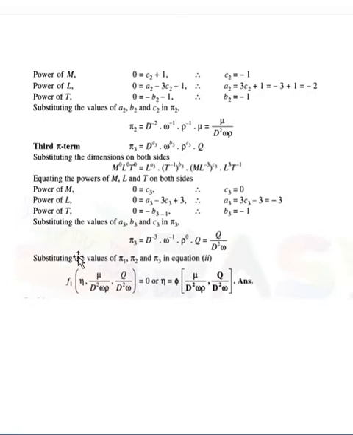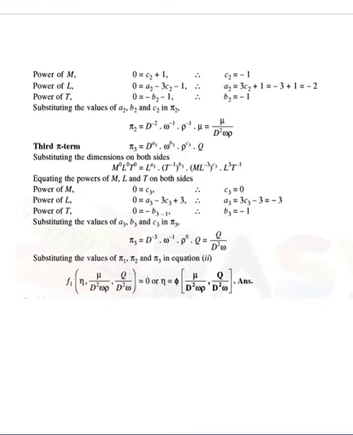Then substitute the values of pi 1, pi 2 and pi 3 in equation number 2. Then f of 1 in bracket efficiency, this is the value of pi 1, this is the value of pi 2, this is the value of pi 3. Putting these in, f of 1 in bracket efficiency comma mu upon d square w into rho comma q upon d square into w whole bracket equal to 0.